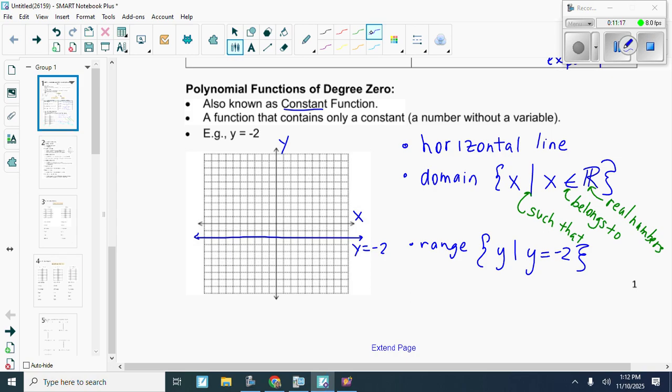What is the only time there would be an x-intercept for a horizontal line? Okay, so here, no x-intercepts.